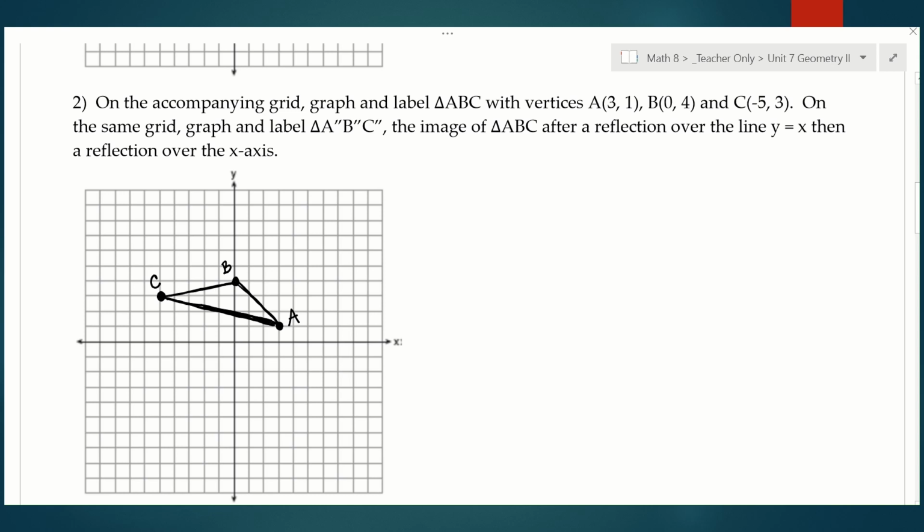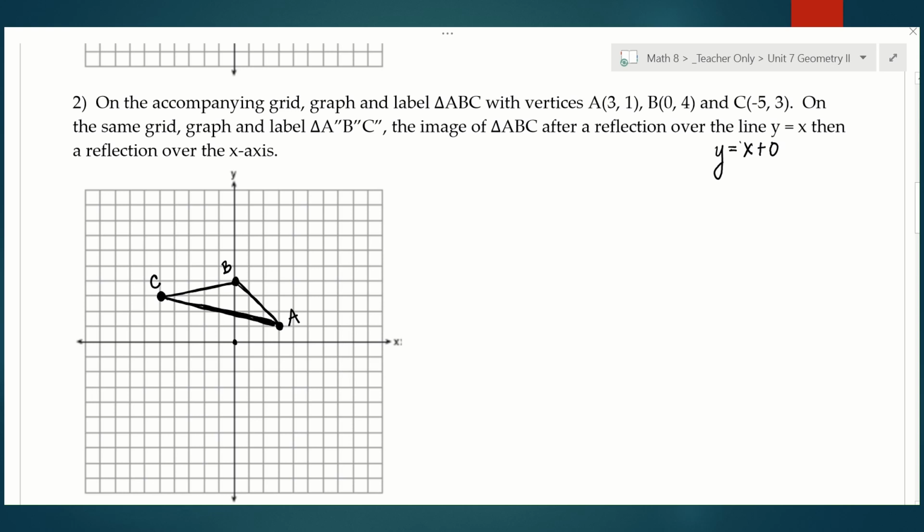Okay, so then we are being asked to reflect that triangle over the line y equals x. Okay, so let's talk about that. If I look at that line, I have to know how to graph it, first of all. So if you remember, when you don't see a number added here, it's because it was plus 0. And so what that means is that the y-intercept of that line is 0. So put a point there.